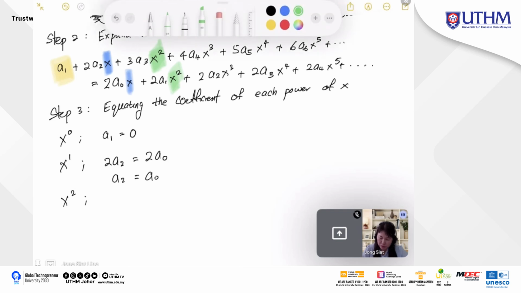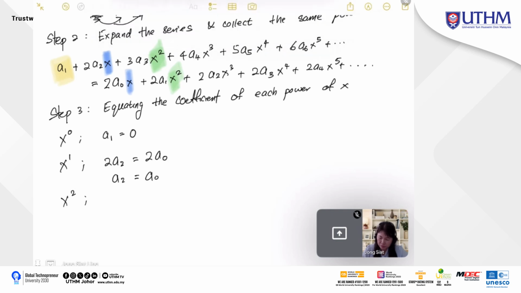So based on this, left hand side is 3a3, and right hand side is 2a1. A1 equals 0. This means that 3a3 equals 2a1. When a1 equals 0, everything will be 0.